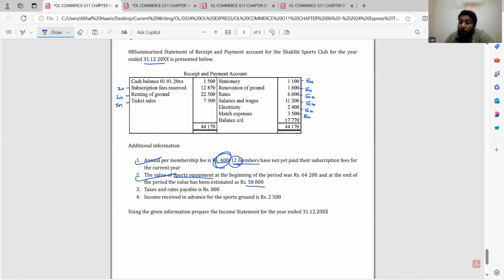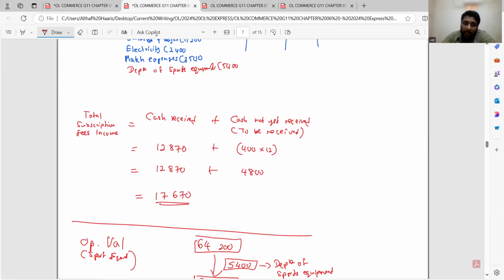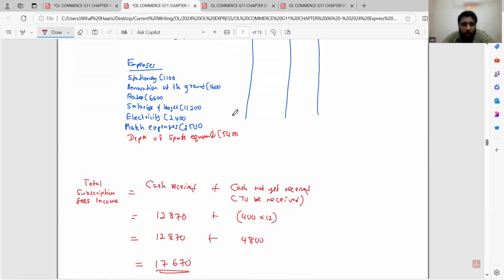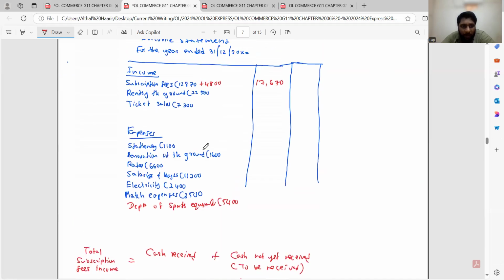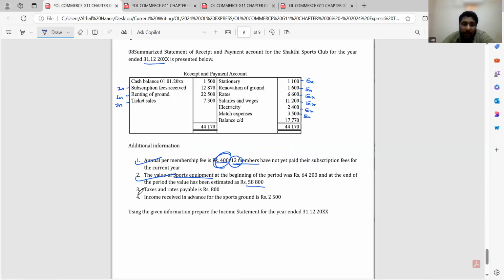Taxes and rates payable. Not yet paid. So whatever the amount, 6,600 that we wrote over here, that is only the amount that we paid. Here they are clearly stating another 800 we have to pay.